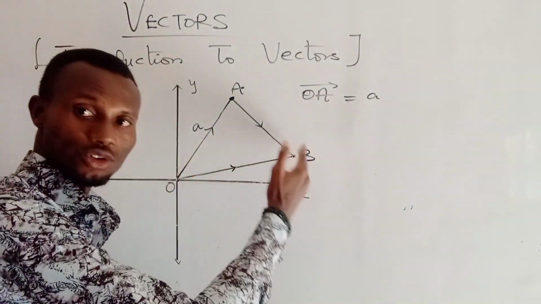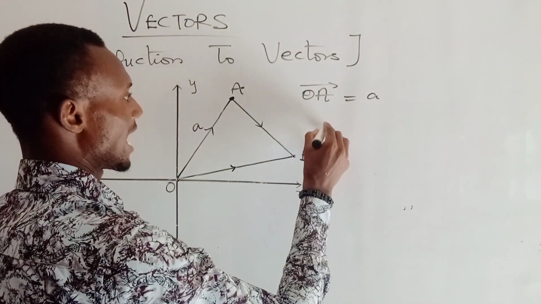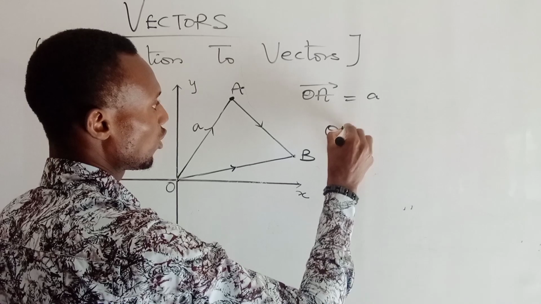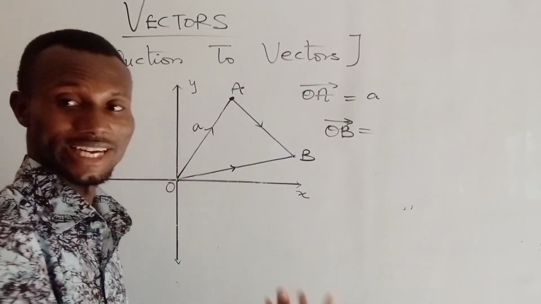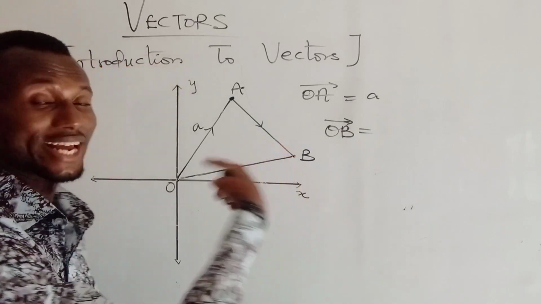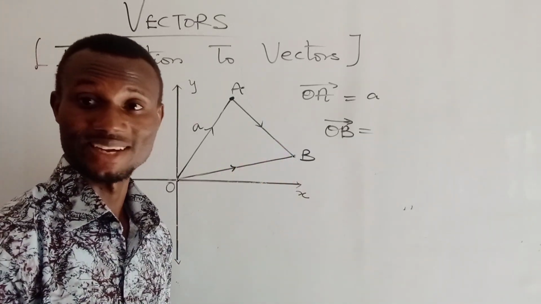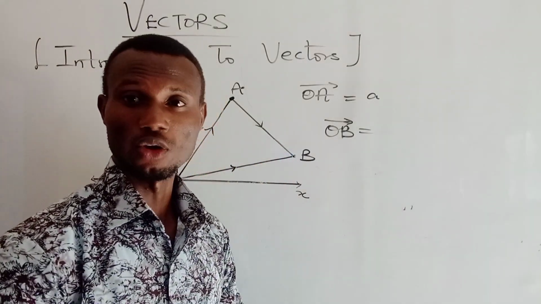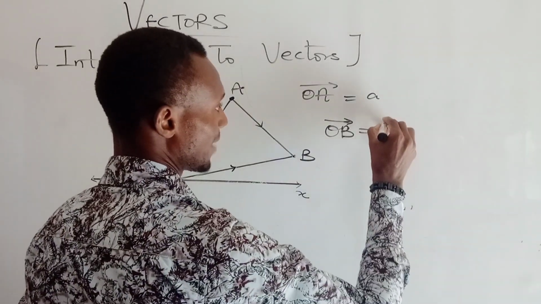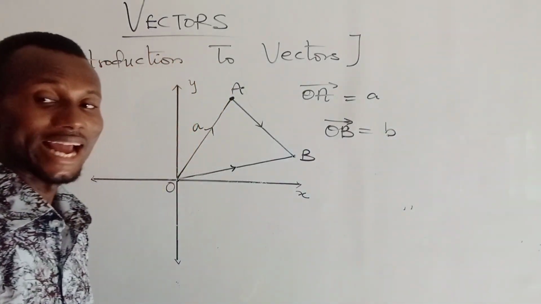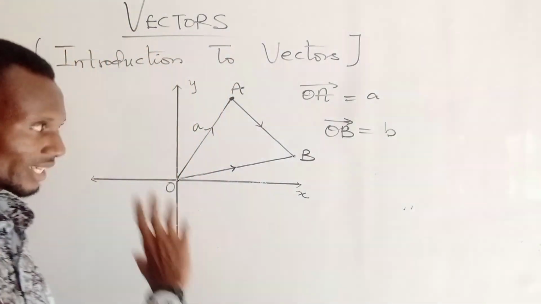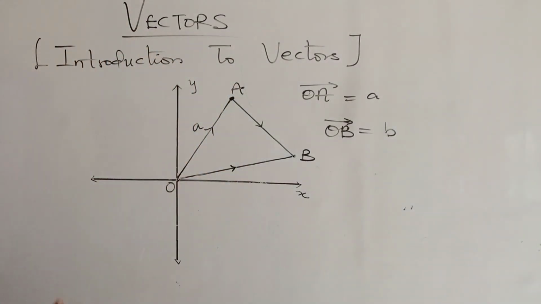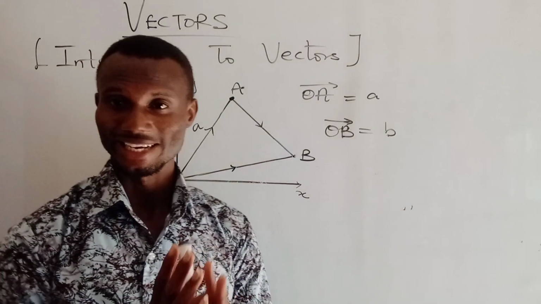B, from O to B. So we can have our vector OB equals to, I told you it's a position vector because it's starting from the origin, and position vectors are represented by small letters, so we can represent this one by a small letter b. I hope you understand and you agree with me up to this point. So that's the explanation of position vectors. I hope you understand up to this point.